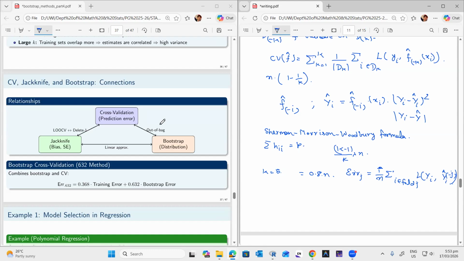All right, in bootstrap sampling, the bootstrap sample typically contains about 63.2% of the original observations, and the rest are out of bag.